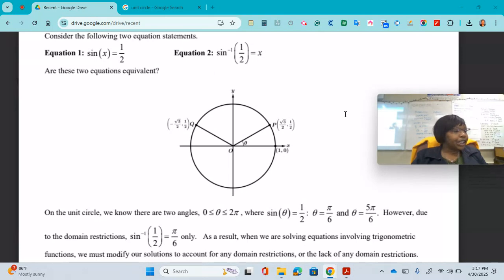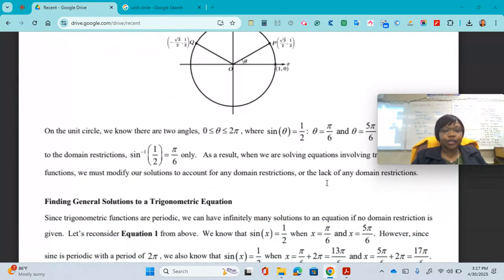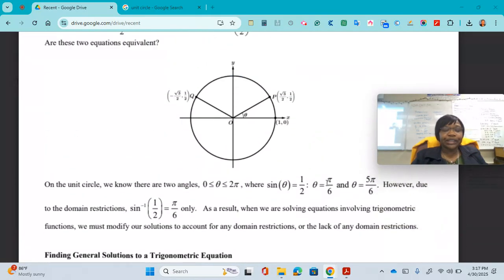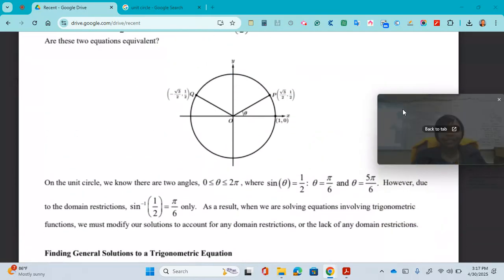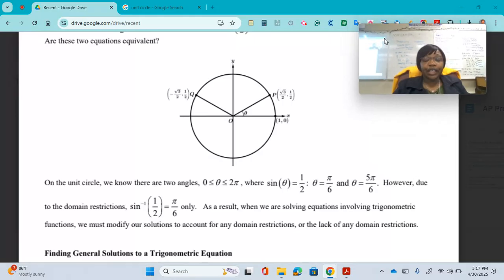On the unit circle, we know that there are two angles between 0 and 2 pi where sine of theta equals 1/2: theta equals pi over 6, and theta equals 5 pi over 6.